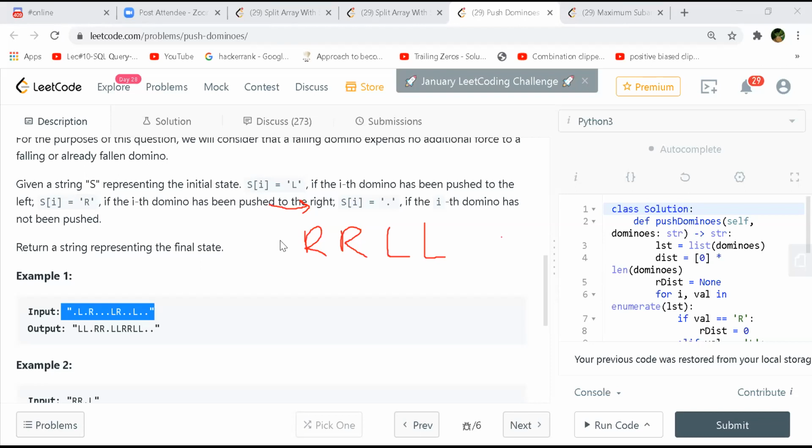Oh, okay, yeah, the multi-source BFS, right? So in this example one, when you have LR, LR, and L, these are the four sources to start with your BFS. You put that in a queue.